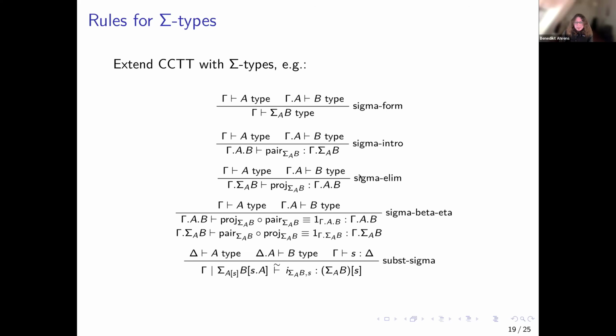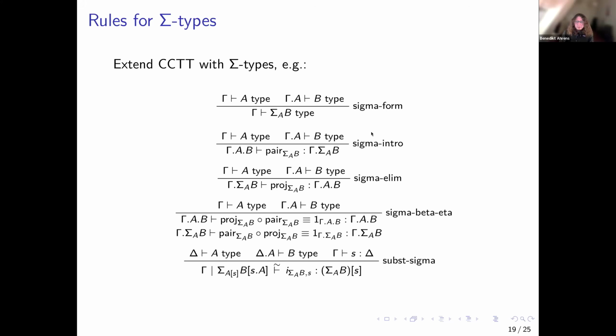The introduction and the elimination rule are phrased in terms of context morphisms. So if we have again a type family B over A, then we have a context morphism pair sigma AB that is a morphism from gamma.A.B to gamma.sigma AB.